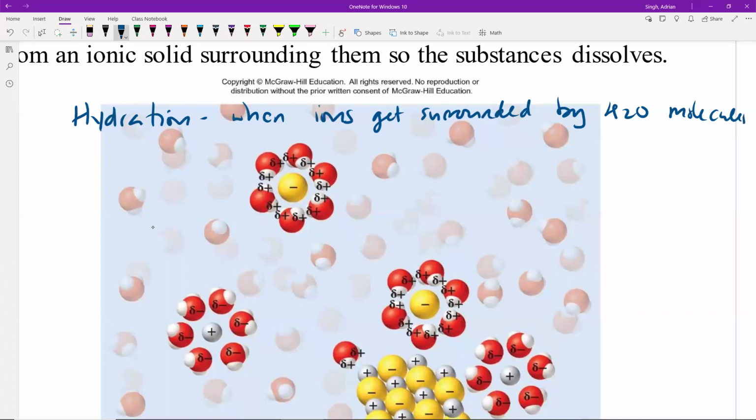For example, if I have my Na+ over here, I can predict that the slightly negative oxygen will want to become close to, will be attracted to, the positive Na+, right? That makes sense. Opposites attract. And that's exactly how all of these water molecules will want to arrange themselves around that positive sodium ion. That's happening all the way around this ion here, right?